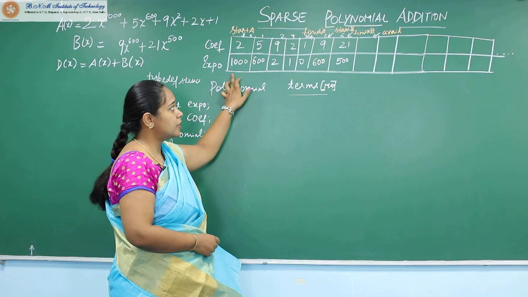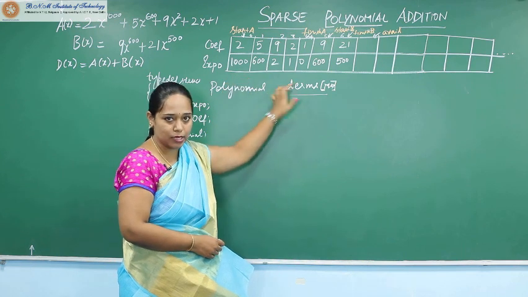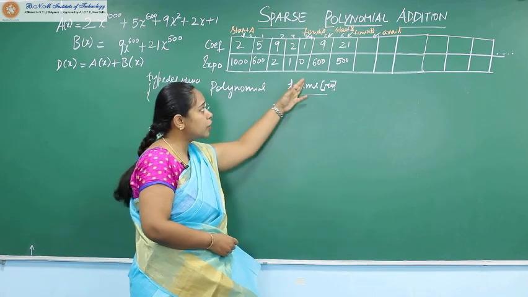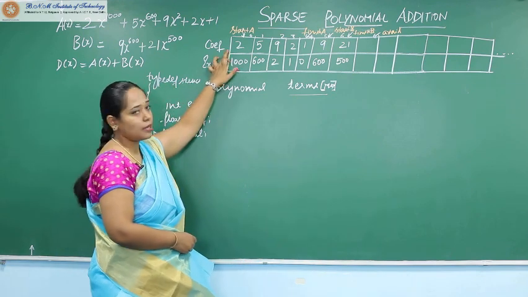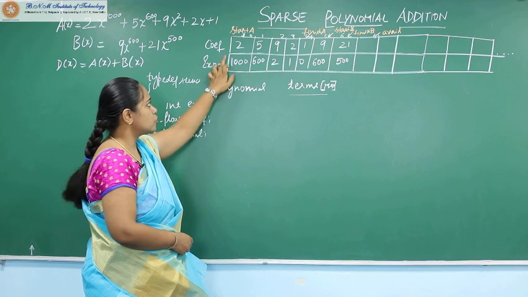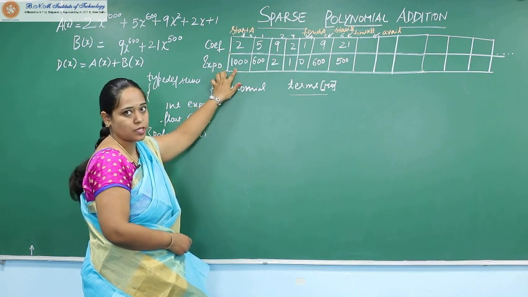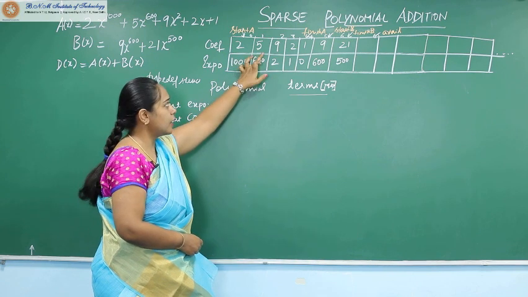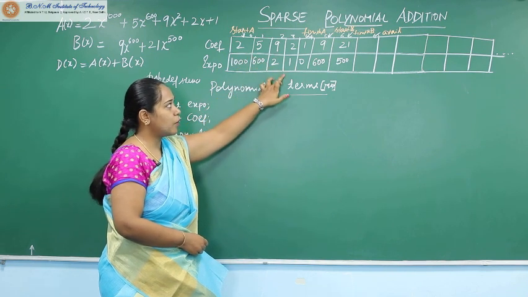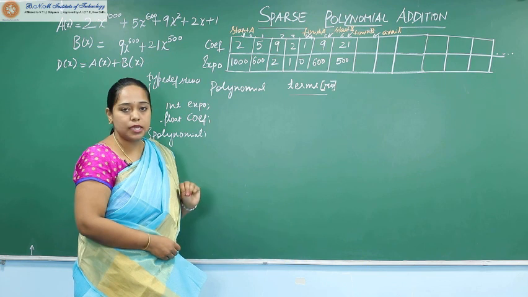So what we have done here is, we have filled in the polynomial A in this 1D array. We have also filled in the polynomial B in this 1D array. The first term of the polynomial is 2x power 1000. So 2 is the coefficient and 1000 is the exponent. We have filled in that. And then 5x power 600, 9x power 2, 2x power 1 and 1x power 0.